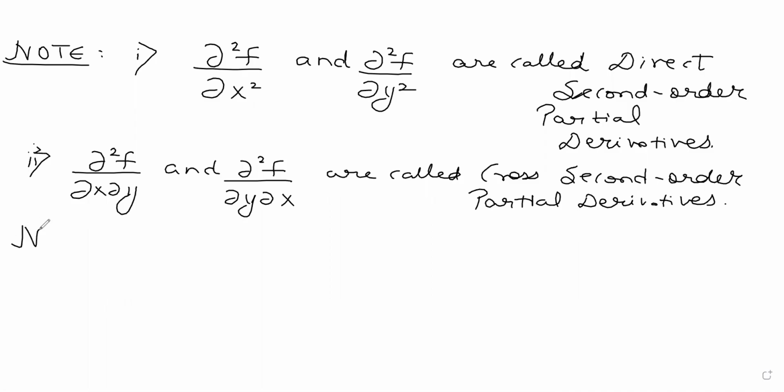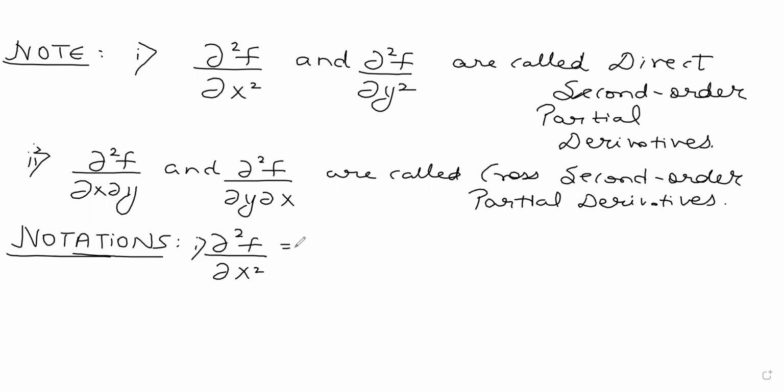So we can write the notations, which you can find in different books. Del square f by del x square, you can also write as fxx. You can also write it as f11.